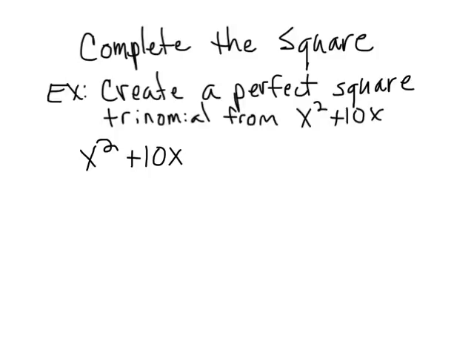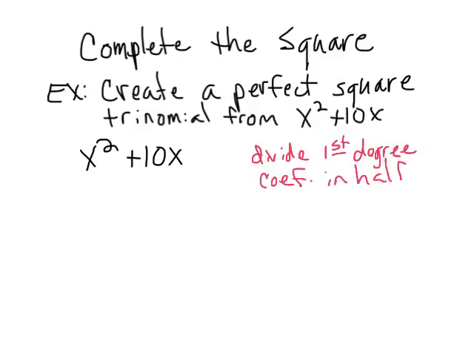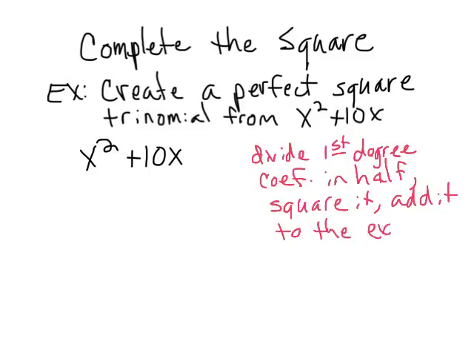You take the coefficient in front of the first degree term, not the x, divide it in half, square it, and add it to the expression. That's the process.